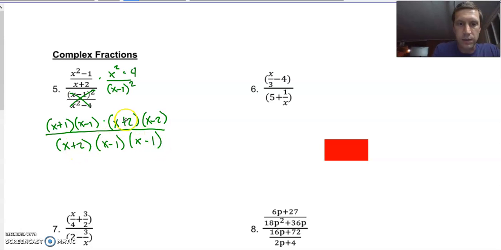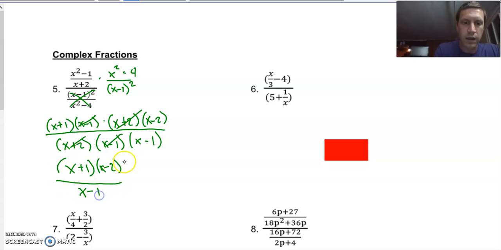Now we can cancel some things out. I have an x plus 2 and x plus 2, x plus 1, x minus 1, and I'm left with x plus 1, x minus 2 over x minus 1. That's as far as we can go.